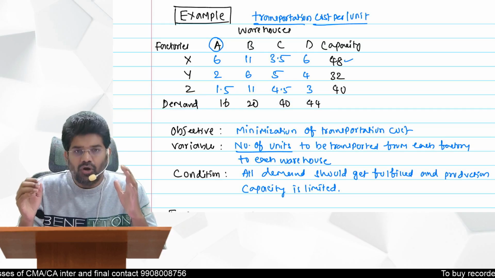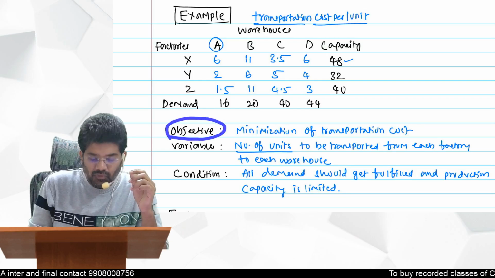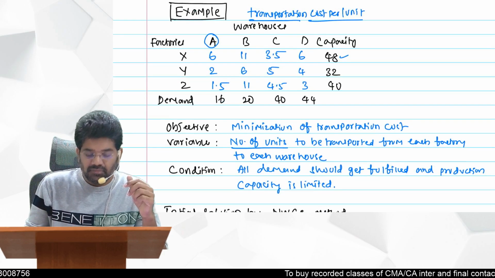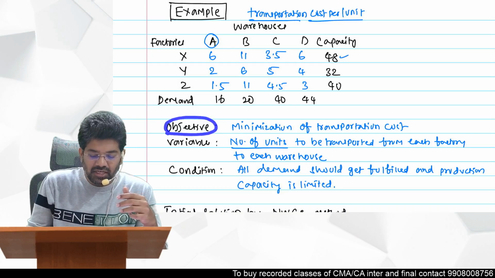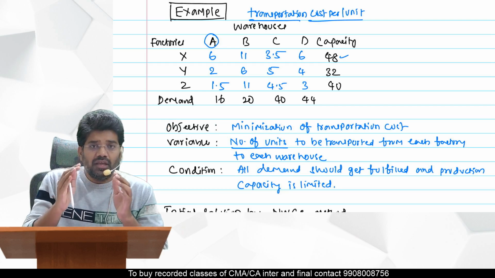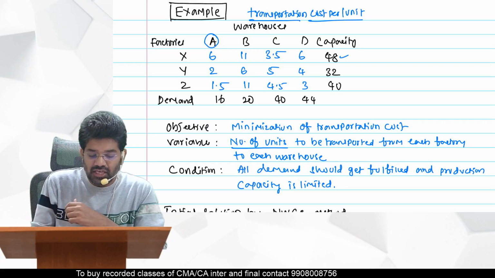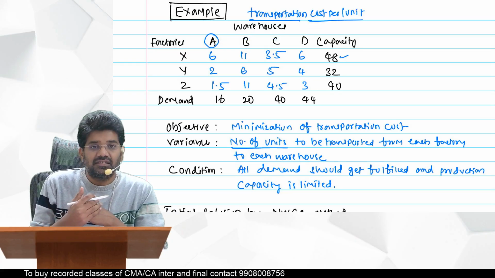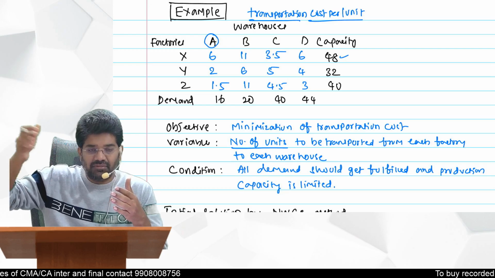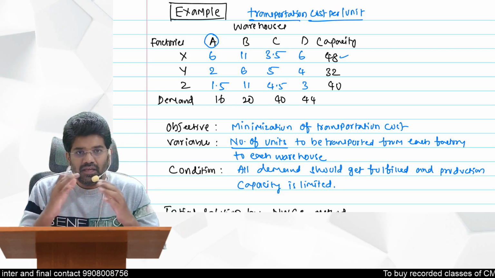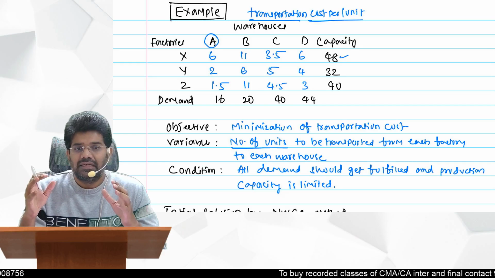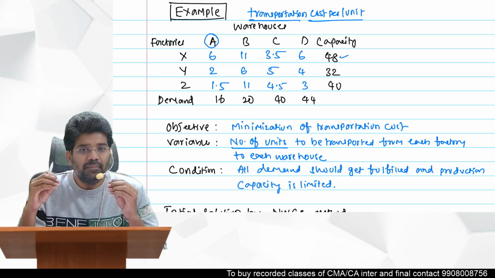Now why we are calling it a special case of linear programming is because of these reasons. We have an objective in this question. The objective is how many units I need to transport to each of these destinations, that is from factory X to A, B, C, D, from Y to A, B, C, D, and from Z to A, B, C, D. How many units I need to transport in order to ensure that my transportation cost is the minimum.